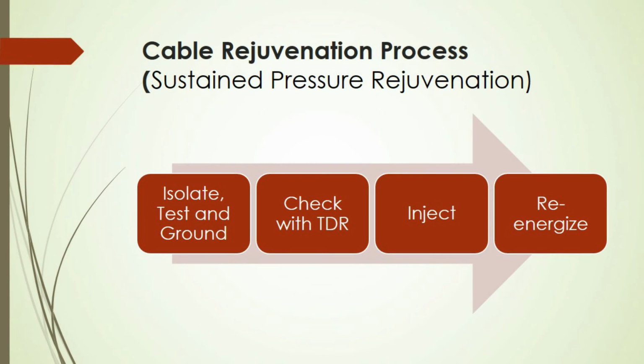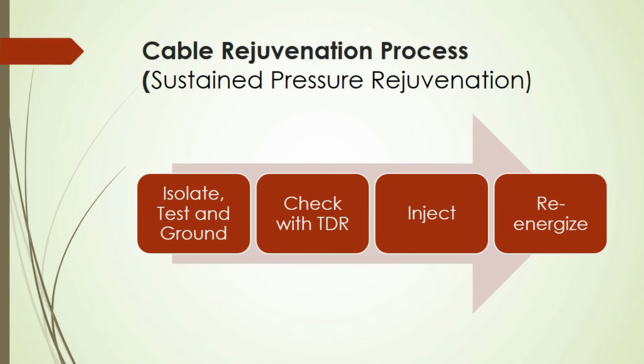In as little as 7 days, the sustained pressure rejuvenation method rejuvenates the insulation, bringing the dielectric strength to that of a new cable. Early cable failures can be avoided because of this quick rise in dielectric strength. And it also permits additional fluid to be injected into the cable, prolonging its life by up to 30 to 40 years, which is actually quite a bit.